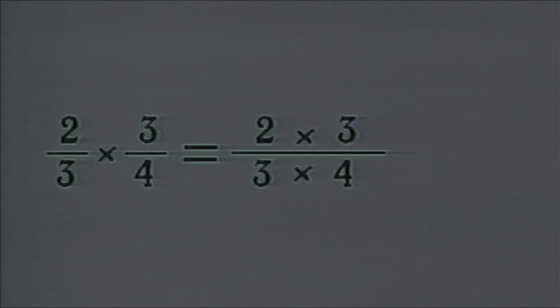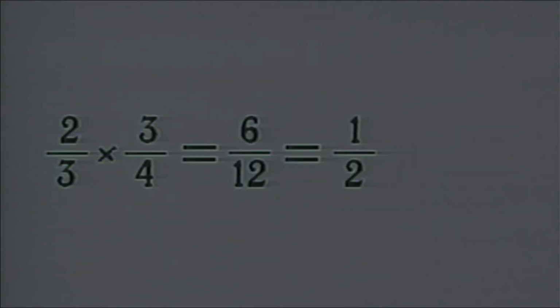The result is 6/12. 6/12 reduces to 1/2 when we divide the numerator and denominator by 6. So, 2/3 times 3/4 equals 1/2. Now, let's see how a chef uses multiplication in a diner downtown.